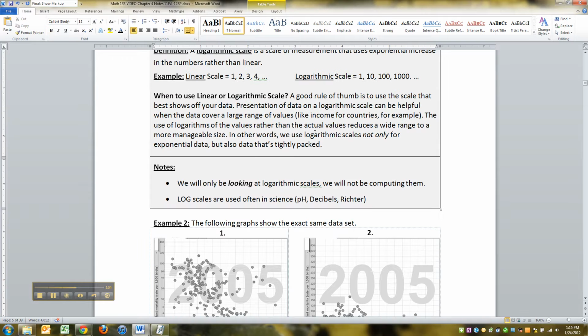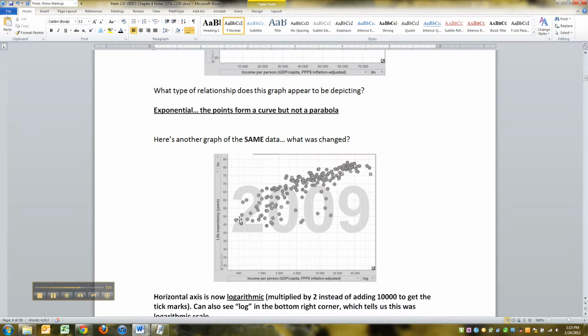All right, so when do we want to use linear scale and logarithmic scale? A good rule of thumb is to use the scale that best shows off your data. So presentation of data on a logarithmic scale can be helpful when the data covers a large range of values. For example, like incomes in a country. You can have some really poor countries. Look, check that out. You have some countries that have $400 per year GDP.